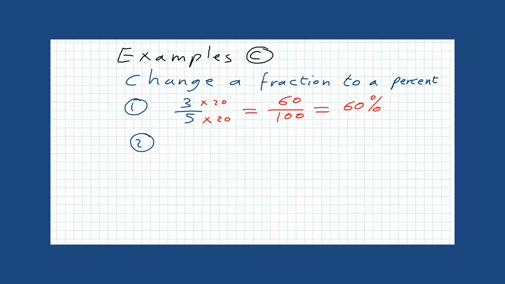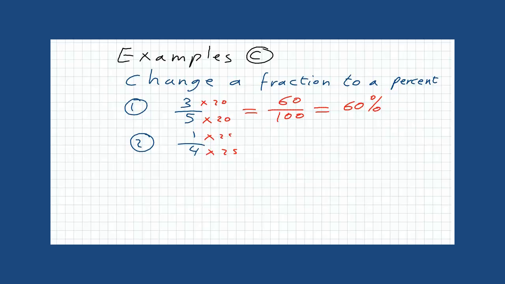The same with this example also. 1/4 can be easily changed to a percent. Just multiply both the numerator and the denominator by 25.